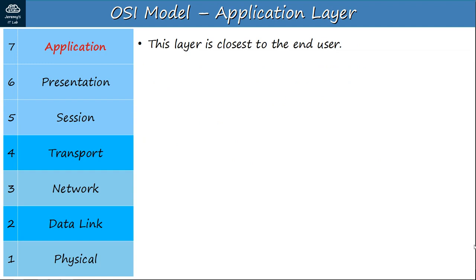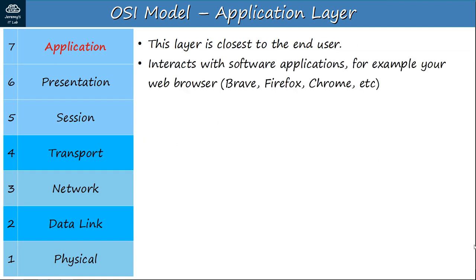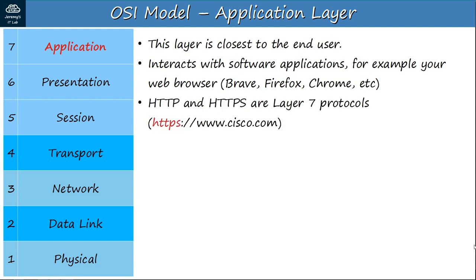The application layer is the layer that is closest to the end user. The application layer interacts with software applications that have some communication component, such as your web browser, whether that's Brave, Firefox, Chrome, or whatever. For example, HTTP and HTTPS are Layer 7 protocols. Notice HTTPS before cisco.com, indicating that HTTPS is being used to get this website and view it in the browser.